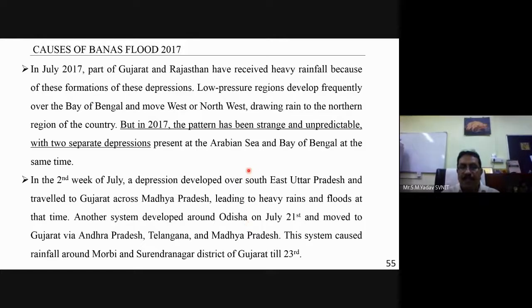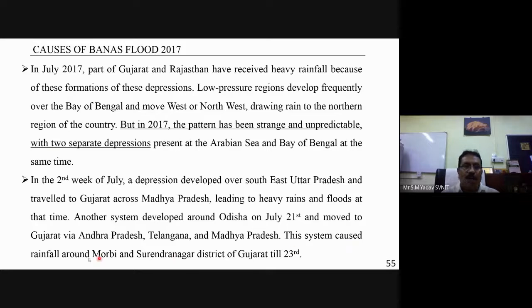So 2 pressure systems, one from Uttar Pradesh traveling towards Madhya Pradesh and reaching Gujarat, and another one from Odisha in the south that moved to Gujarat via Andhra Pradesh, Telangana, and Madhya Pradesh.